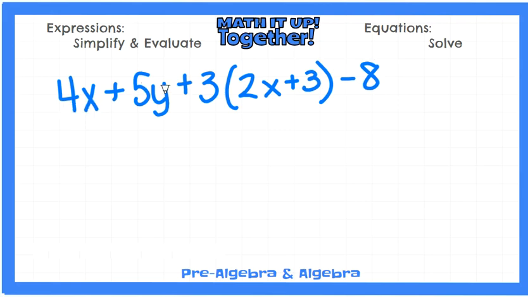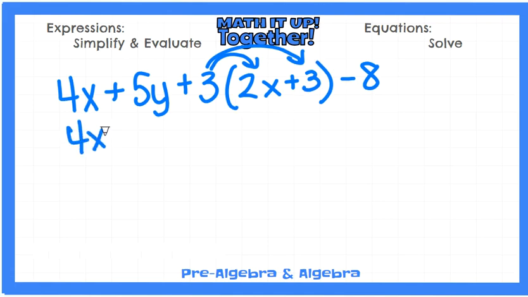We have terms with x's, terms with y's, and we have numbers, of course. So let's take a look here at what we can do in terms of following order of operations. I would go to my groupings first, but there is nothing I can do here. These are 2 different terms. They cannot be combined. So in that case, I am going to be left to distribute and handle this multiplying.